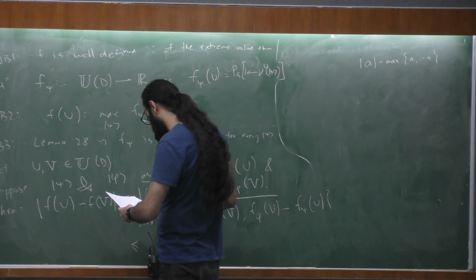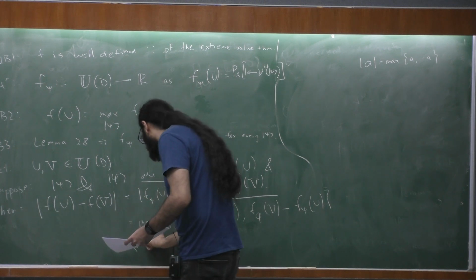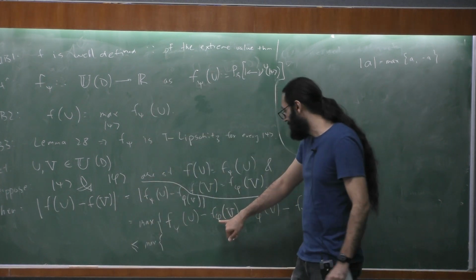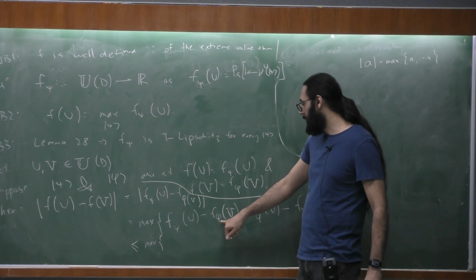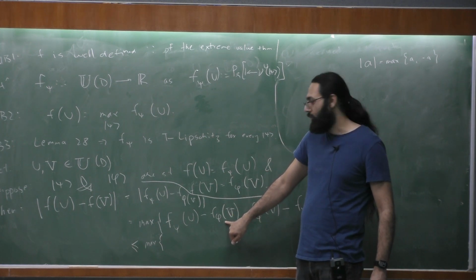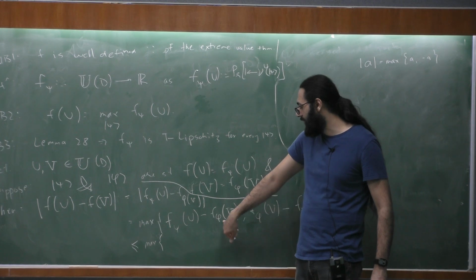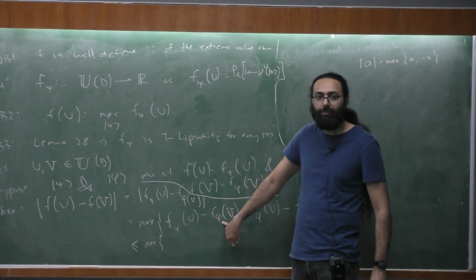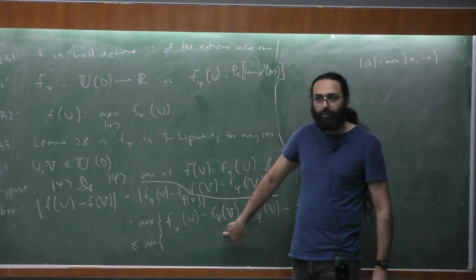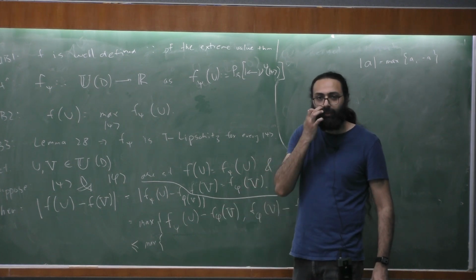Right. So now the point is that this phi was basically making f(V) as large as possible, so you were subtracting the largest possible value. If instead of phi you put any other value, it will only increase this, because you're subtracting something smaller, correct?